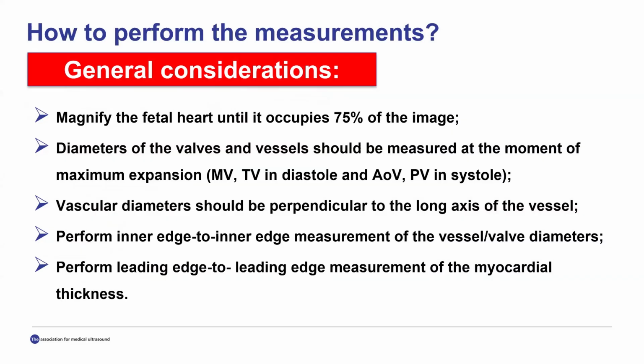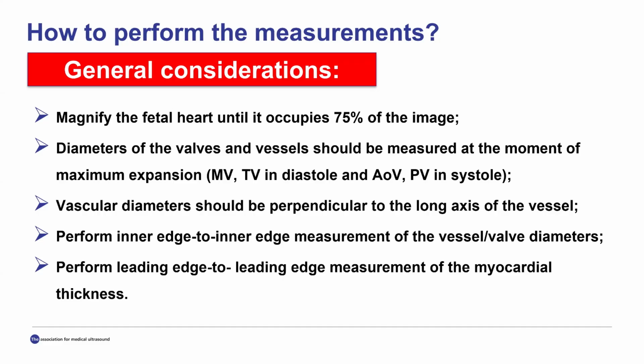So speaking about performing the measurements, these are the general considerations that you need to follow. We already talked about the magnification and how important it is. The diameters of the valves, and this is again a mandatory component of the fetal echocardiogram by AIUM parameter, and vessels should be measured at the moment of maximum expansion. So the mitral and tricuspid valves should be measured in diastole and the aortic and pulmonary valves in systole.